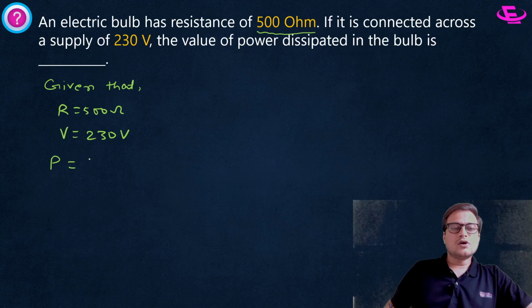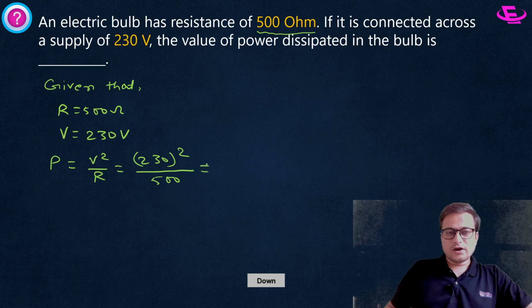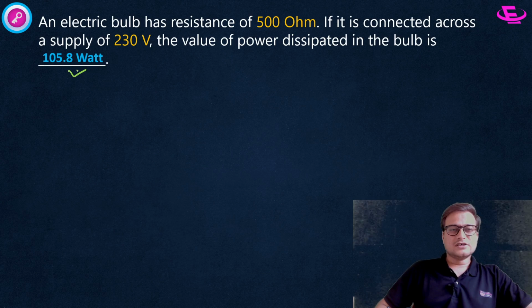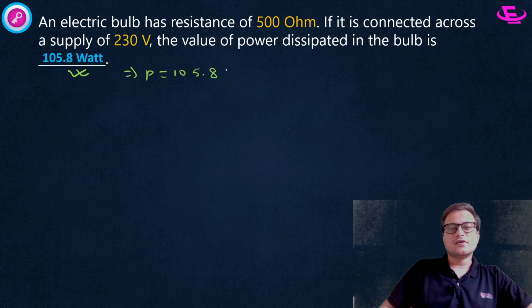So power is equal to V square by R. From here you can write 230 square divided by 500. It will come around 105.8 watts. So P is equal to 105.8 watt. This is the power consumed by the bulb.